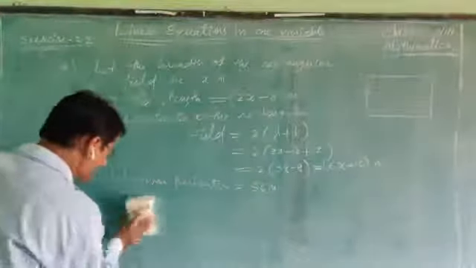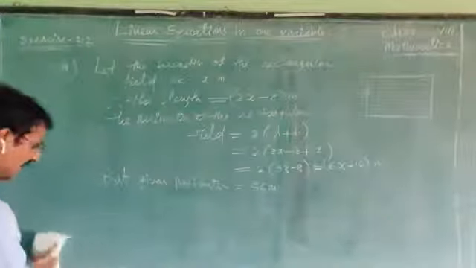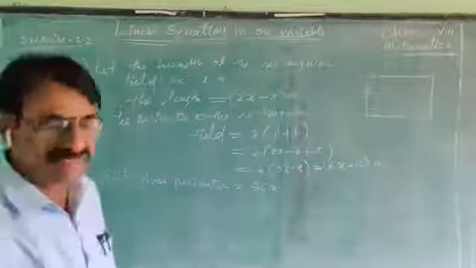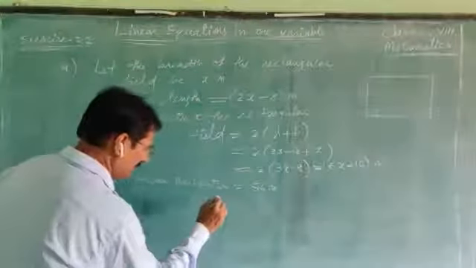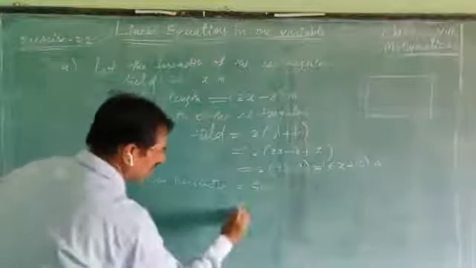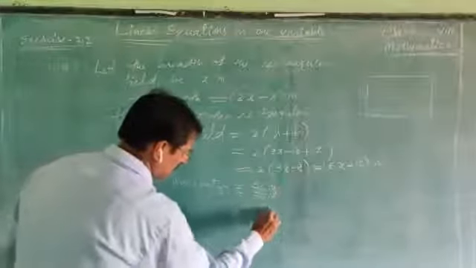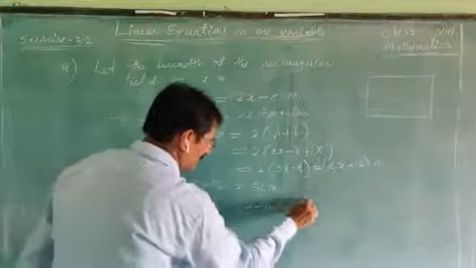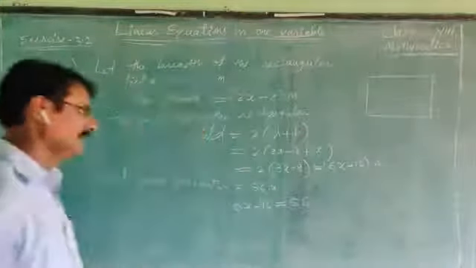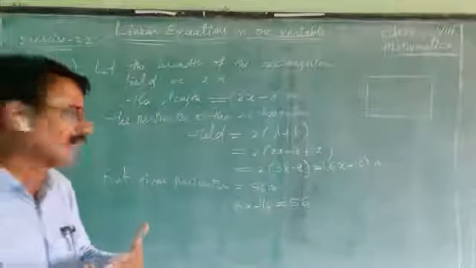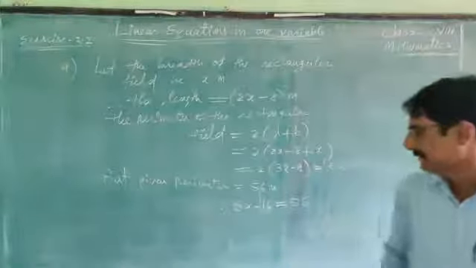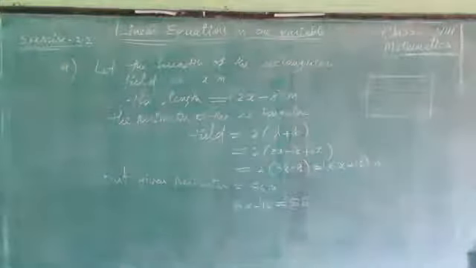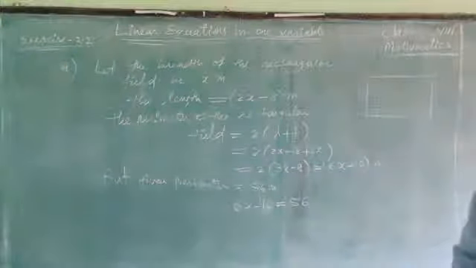If we equate these two, we get the x value, which is the breadth. Therefore, how much we got? 6x minus 16, but given 56. These are two values, we get an equation. Which equation? 6x minus 16 equal to 56.